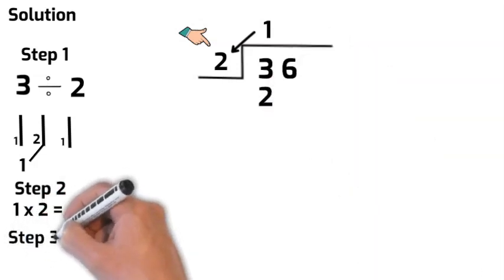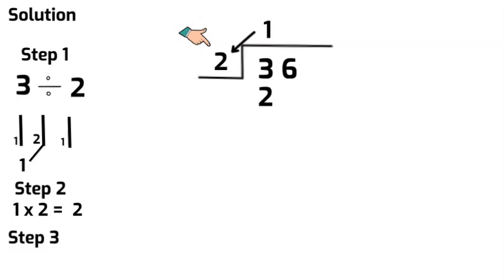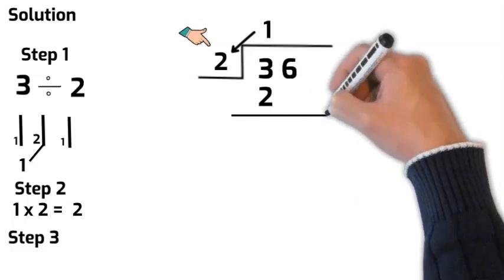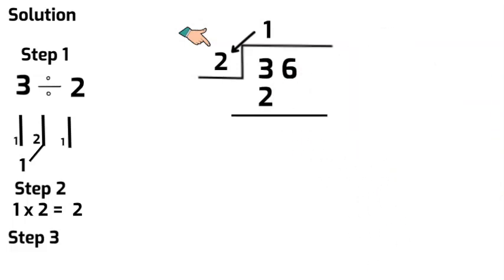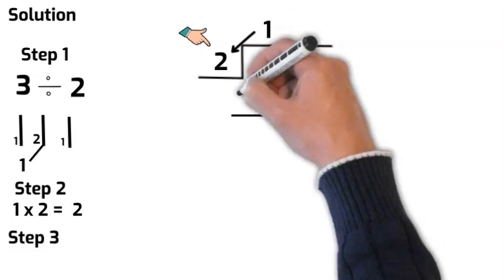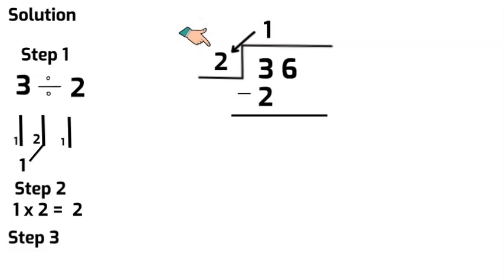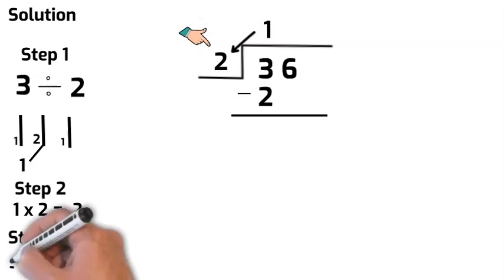Step 3. We rule a horizontal line to create space for our next operation. Then we subtract the result of step 2 from our first digit of the dividend, which is 3.